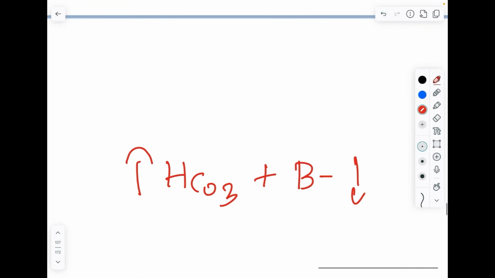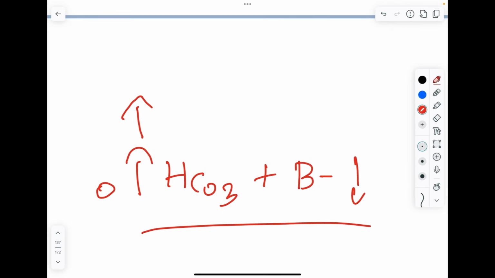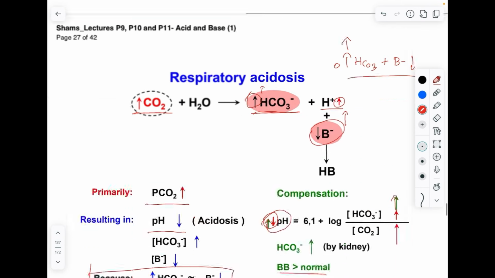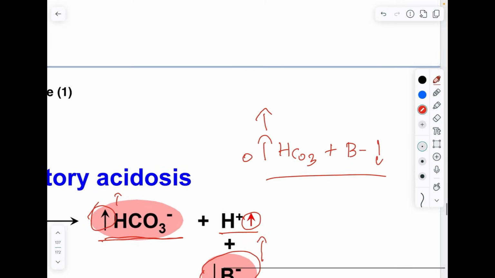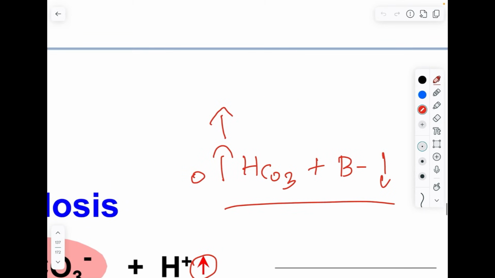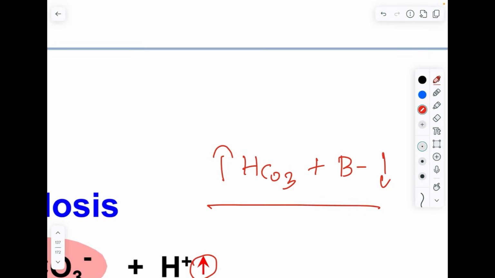Let's go back again for this. The buffer bases will be higher than normal because for this it was 0, right? But then you increased HCO3 even more, so it will be more than 0. Sorry guys, since we're talking about buffer bases, we said that this will be normal, not 0, meaning at the normal level.